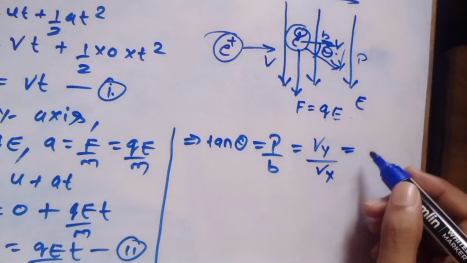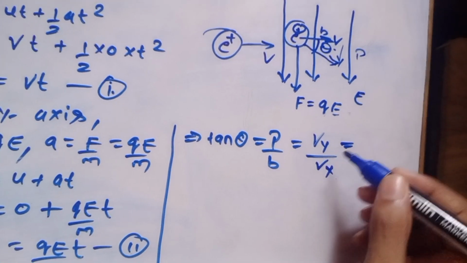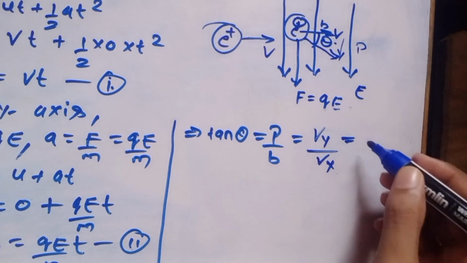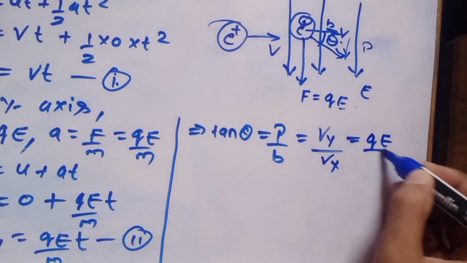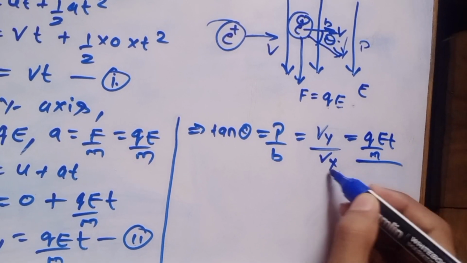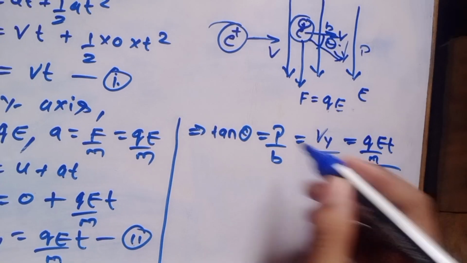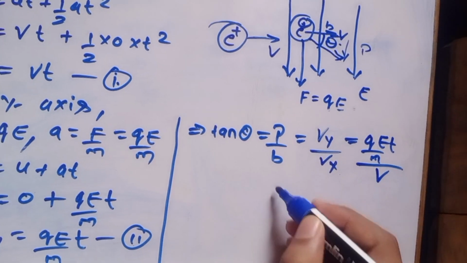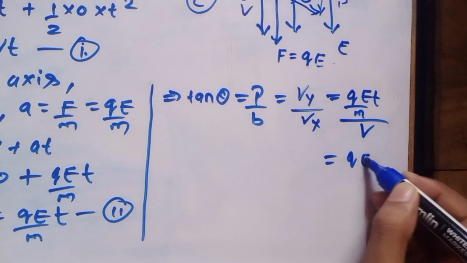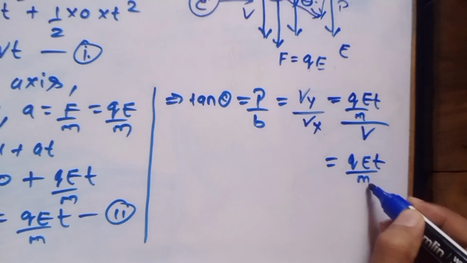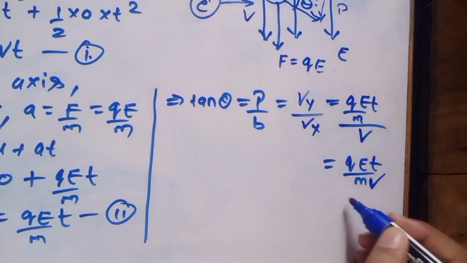So we can also write this: velocity in y equal to qE by m into t, divided by velocity in x, which is constant v. So tan theta equal to qE t by m v.